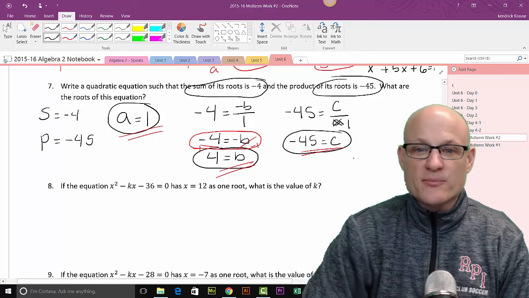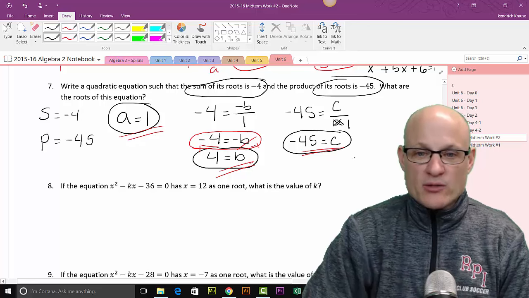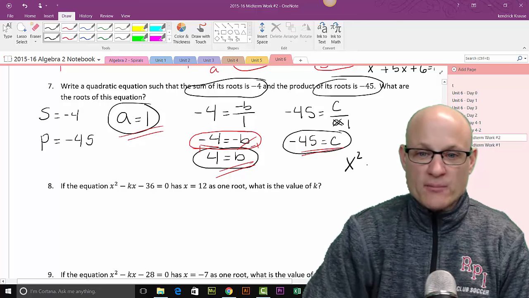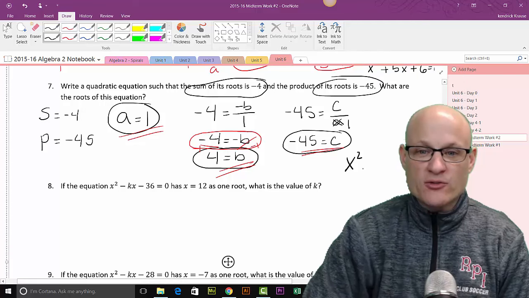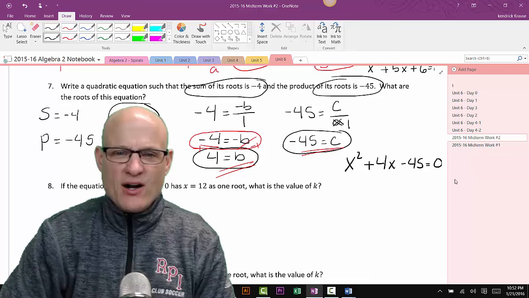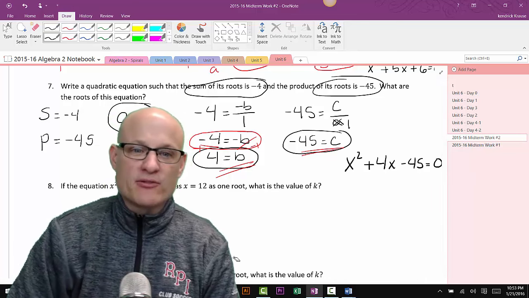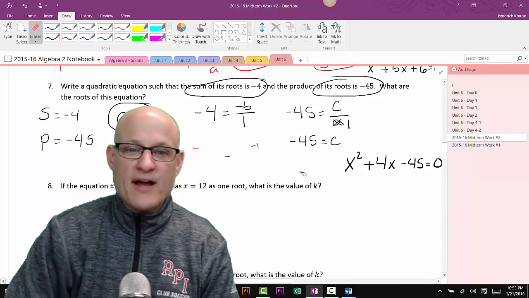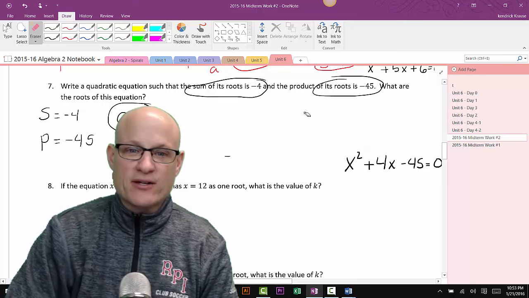So my answer is a is 1, so that's 1x squared, or just x squared, plus 4x minus 45 equals 0. Now I could check that. Let me get rid of some of my work. If I factored this thing, I believe it factors pretty nicely.